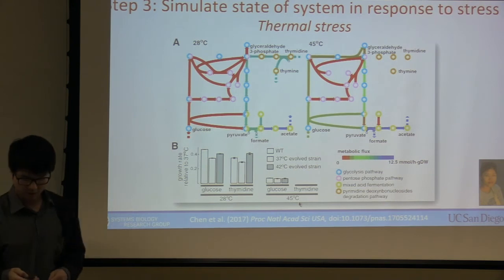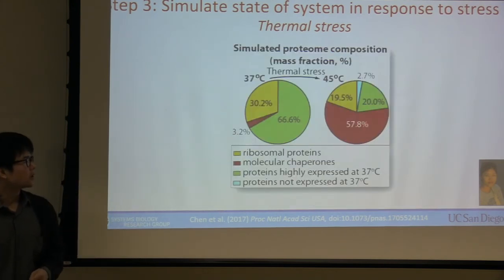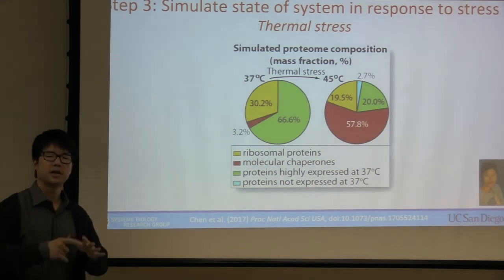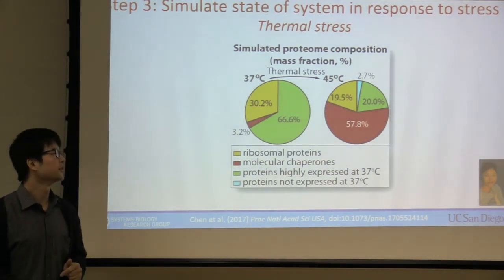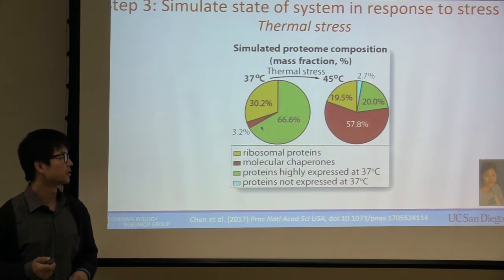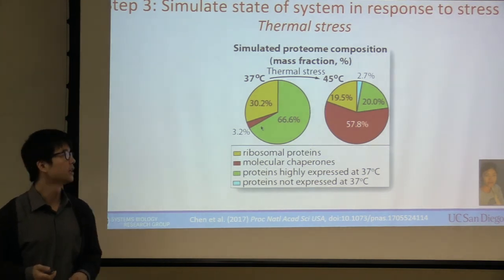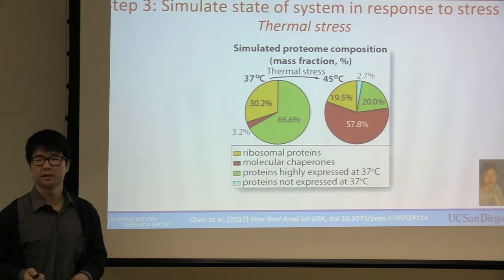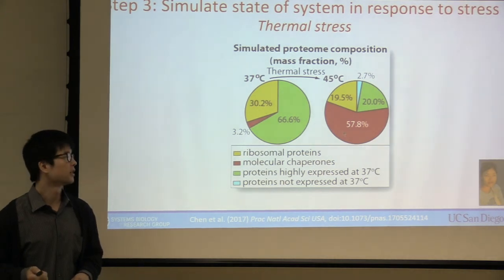Okay. So we can also now look at not only the metabolic pathway utilization, but also how the entire protein is reallocated under these two different temperatures. And so we go from a really small fraction of chaperones being expressed and used at the optimal temperature, 37, to a much, much higher requirement for protein maintenance through these chaperones at the higher temperature.